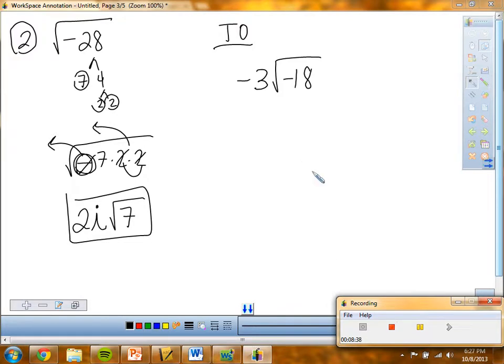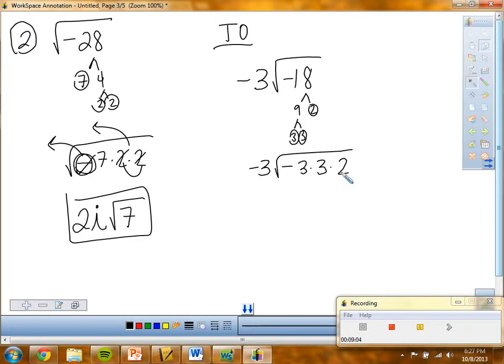Okay, so this one's a little different because we have this coefficient in front. That really isn't going to affect what's going on inside. We're going to simplify just like we were before. So I know 18 is 9 and 2. 9 is 3 and 3. So I have a negative 3 sitting outside, a negative inside, a 3, and a 2.